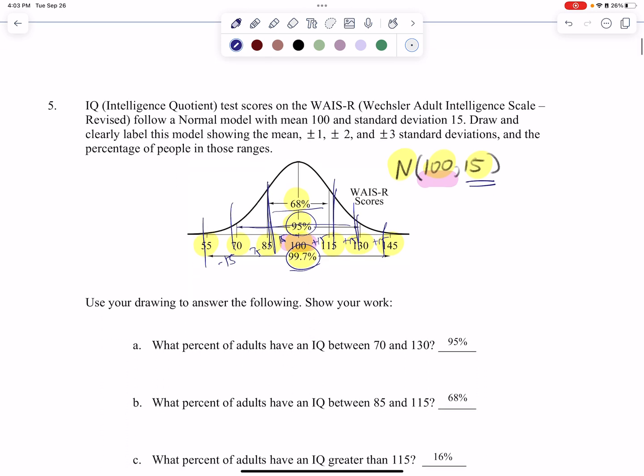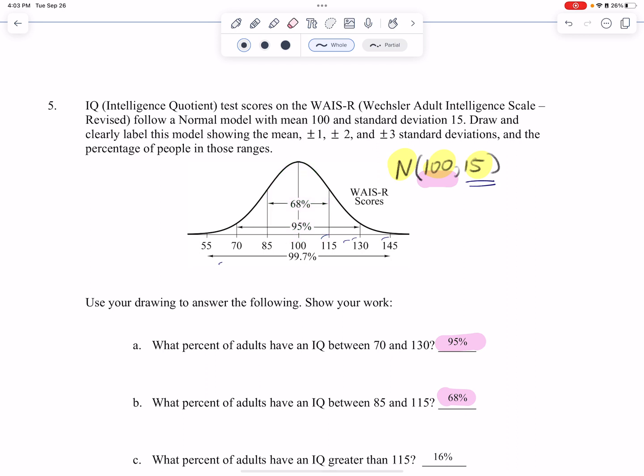Okay, use your drawing to answer the following. What percent of adults have IQ between 70 and 130? 70 and 130 is 2 standard deviations, so that's 95. 85 and 115 is 1 standard deviation, so that's 68.